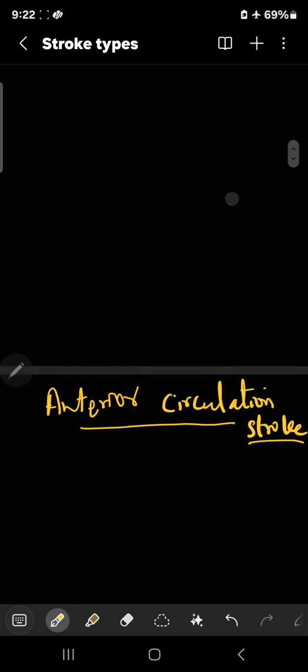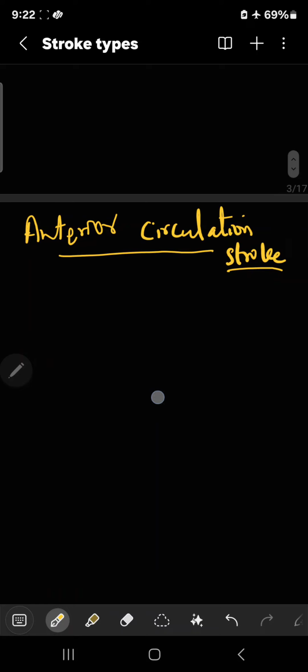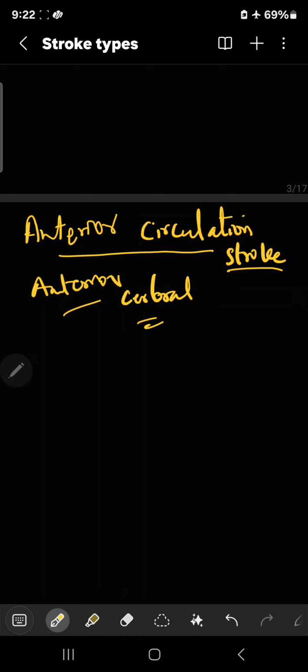Now we will discuss the anterior circulation stroke. In anterior circulation stroke, mainly the anterior cerebral artery is compromised, so there is a block in the anterior cerebral artery. What are the symptoms of anterior circulation stroke?